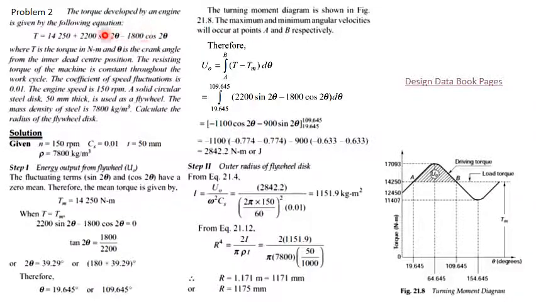As they have the same crank angle, sin 2 theta and cos 2 theta will have the same curve at the upper and lower parts, that is, the ups and downs will be the same, and that's why it will have a zero mean. Hence we can say that the equation gives us a curve which has the same ups and downs.